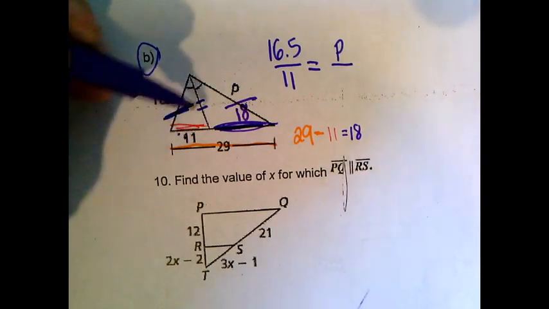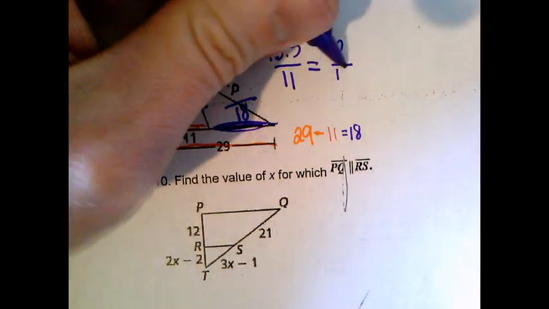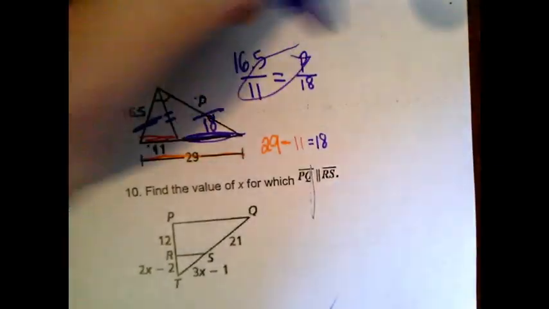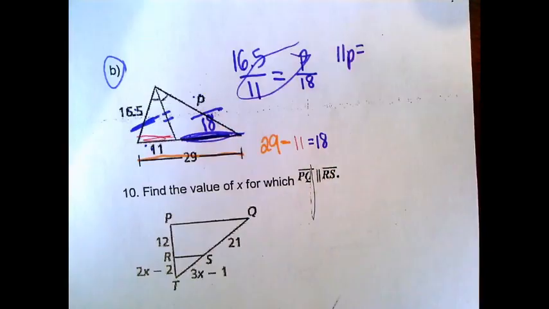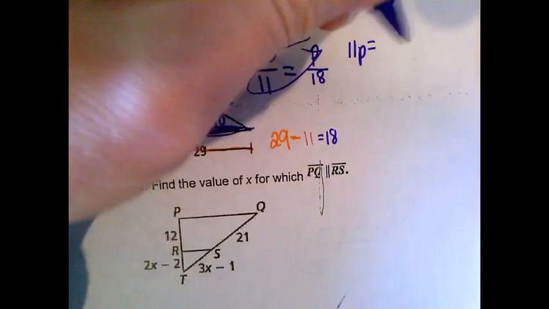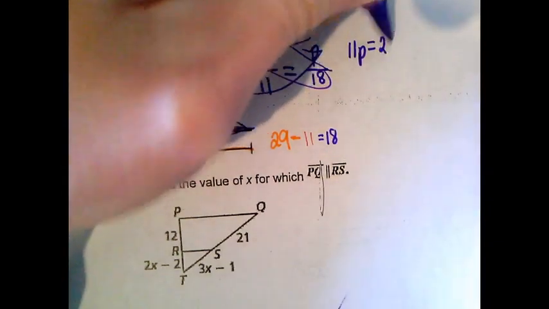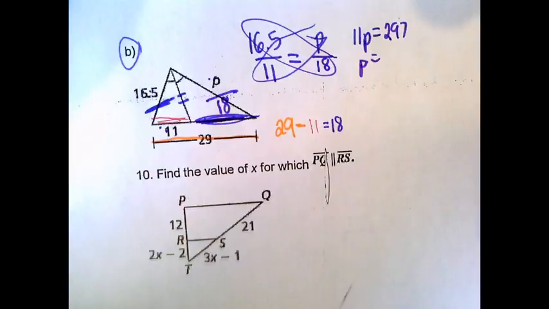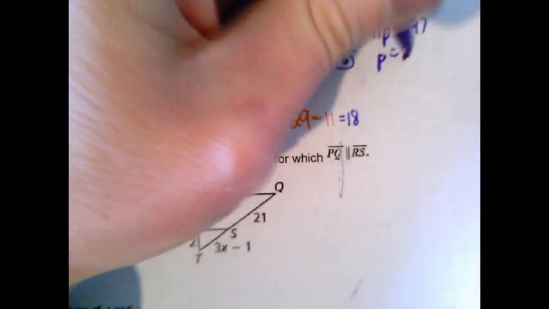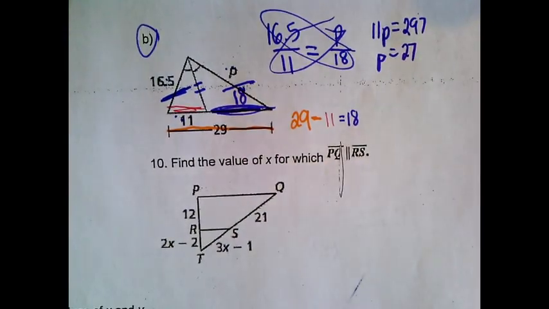So this over this equals that over that. I'm going to cross multiply. Cross multiply here, 297. Divide by 11, 27. And that's your value for P.